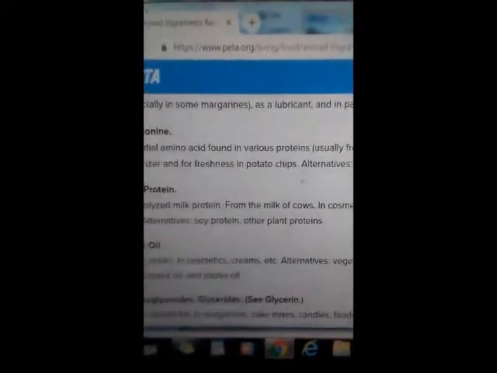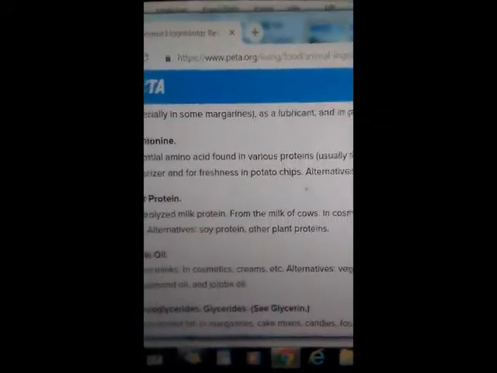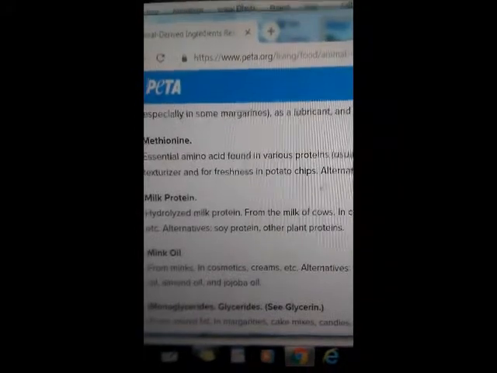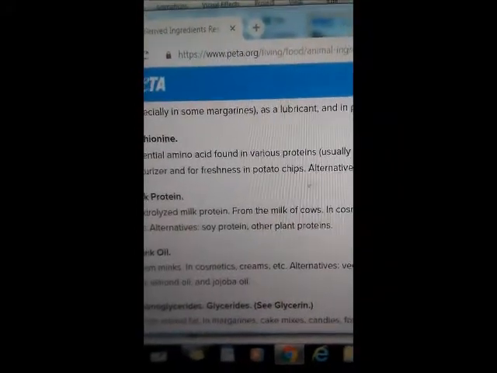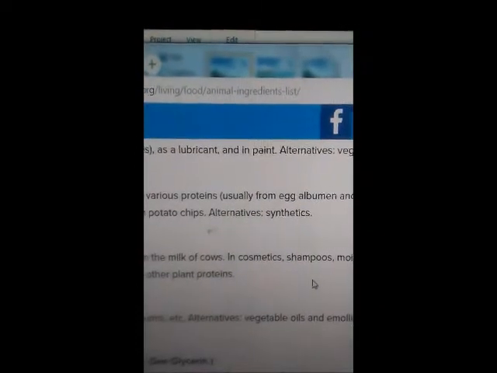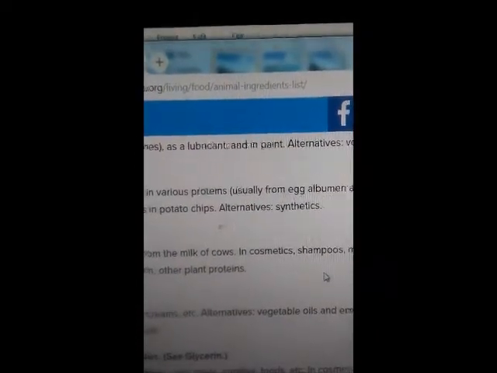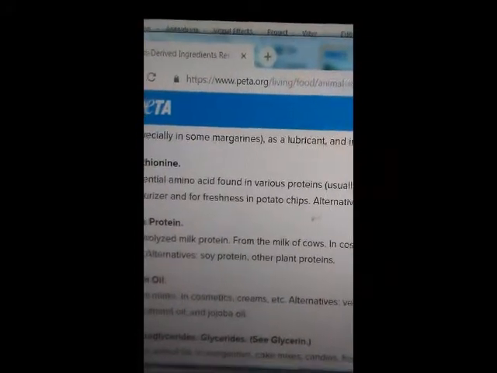Okay, now you got methionine, an essential amino acid found in various proteins, usually from egg albumin and casein, used as a texturizer and for freshness in potato chips.